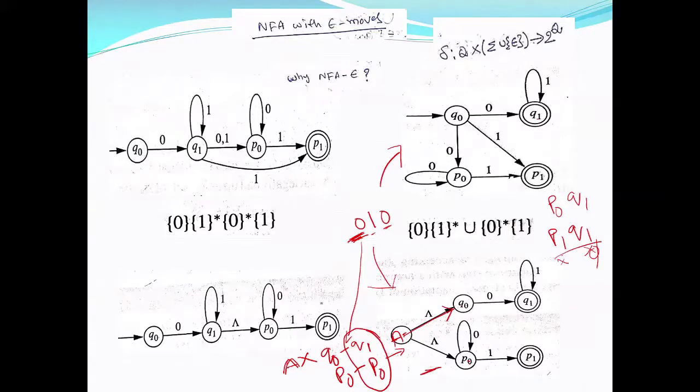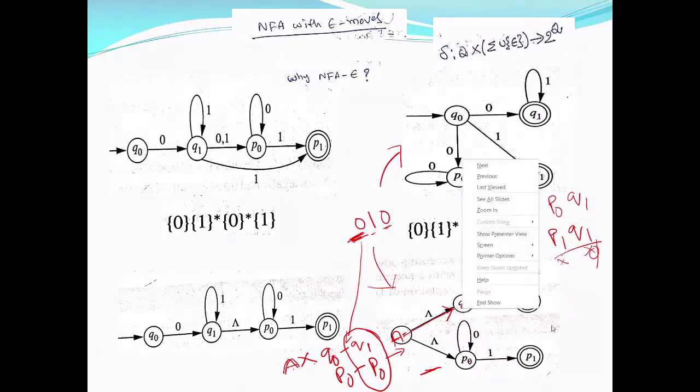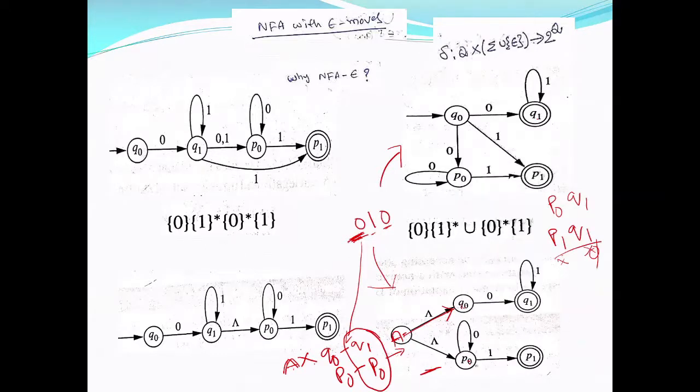A, then take 0, nothing. From A, take nothing and go to Q0, then take your 0. And from A, take nothing and go to P0 and then take your next 0. Or suppose there is one more epsilon transition, from 0 it can go to there and then do it.